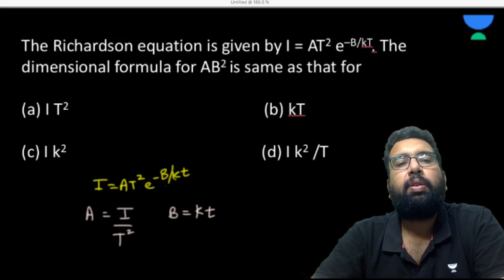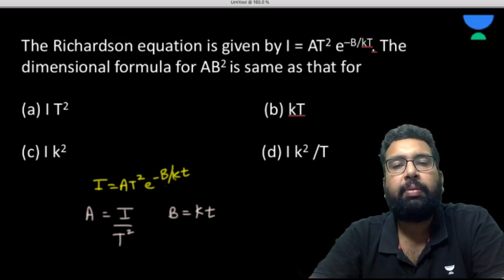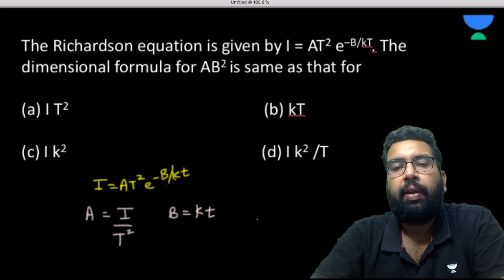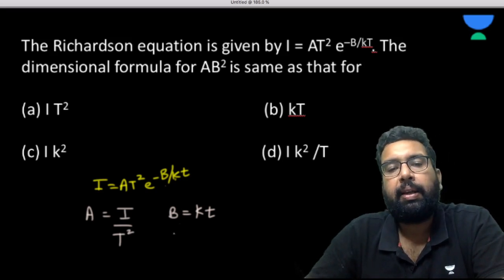So b and kT must have the same dimension.